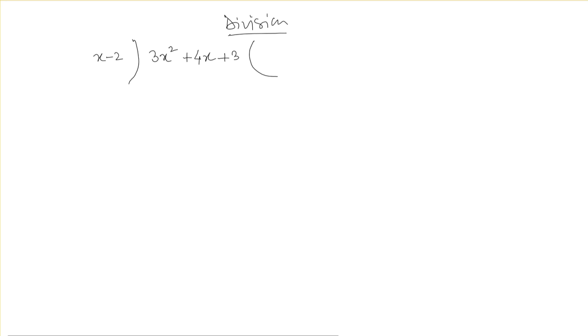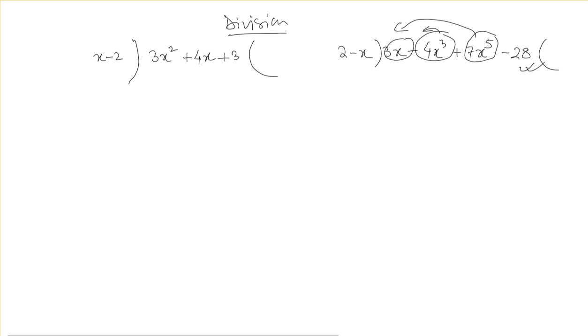So I must tell you, you can't write like this: 3x minus 4x cube plus 7x to the power 5 minus 28, and then you are dividing by 2 minus x. No, this is not advisable. You have to bring it here, then this will be the next, and thereafter this, and then this.